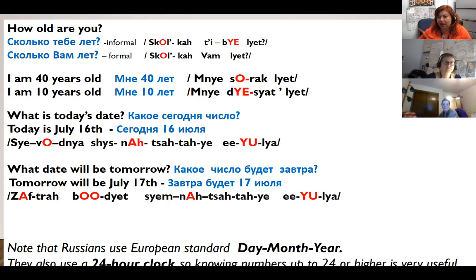To navigate through towns, you probably will need to know bus numbers. You will probably need to go to a market or a store, and you will need to know how much something costs. Or you might need to negotiate.